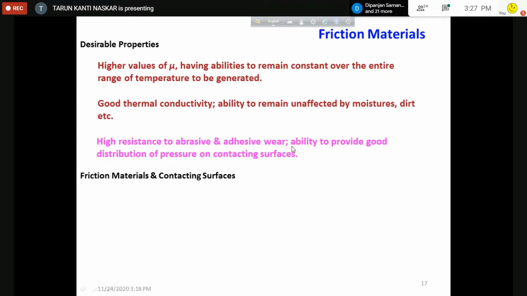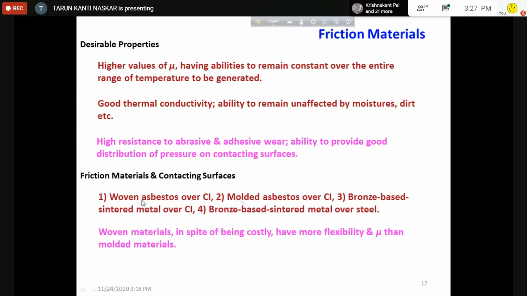Friction materials and contacting surfaces. So, woven asbestos. Woven means you can understand the term woven. Woven asbestos over CI. This is the plate. Woven asbestos over CI.